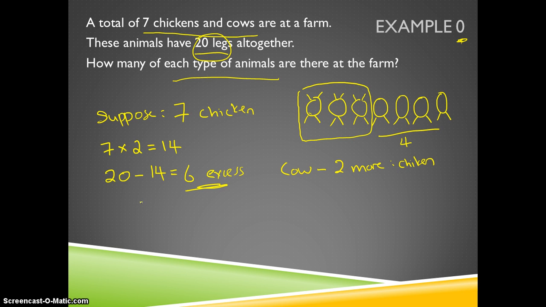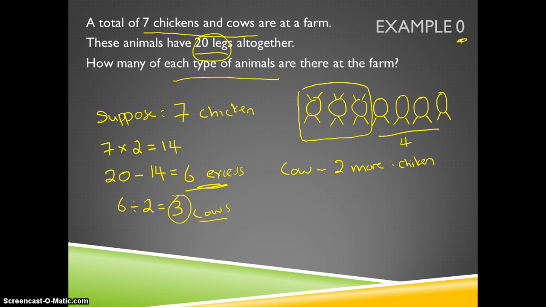So how am I going to do this? Because I have 6 excess and cows have 2 more legs than chickens, I take 6 divided by 2, and this will give me 3 cows. These 6 excess legs must belong to cows, and each cow has 2 more legs as compared to a chicken. So I'm actually pairing: there are 3 sets of 2s. These 3 sets of 2s belong to cows, so there are altogether 3 cows.